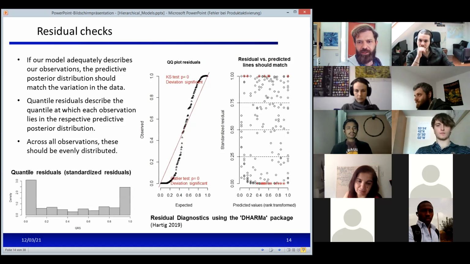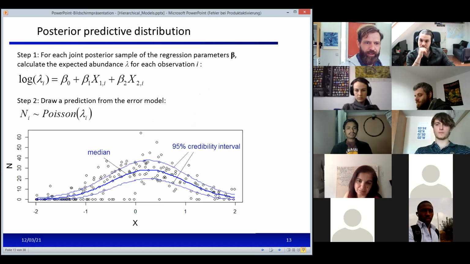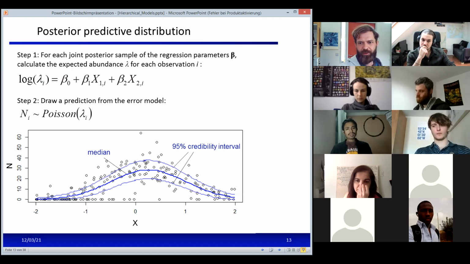And one way to quantify this is to look, for each of our actual observations, where within this predictive posterior distribution my actual observation lies, and more specifically at which quantile. So if my observation exactly hits the median of the corresponding predictive posterior, my observation would be at the 50% quantile. If it lies on this line, it would be at the 97.5% quantile, and my data points outside my credibility interval are at more extreme quantiles of this distribution.